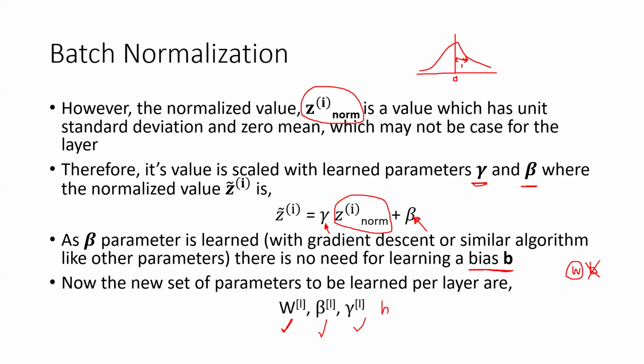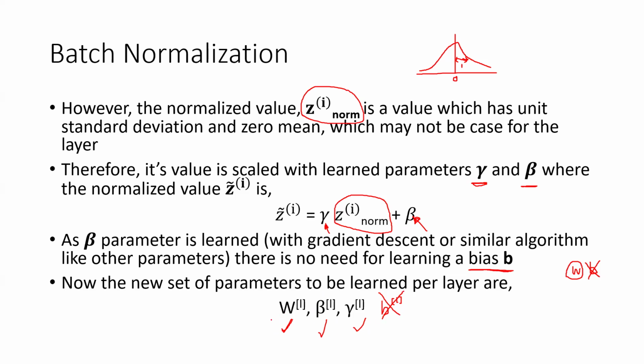We don't have to learn the B values for the Lth layer, because the same information is learned by this beta constant value, which is independently calculated and is not a multiplication of Zi. I am not going into the mathematics. Just remember this beta is also learning the same information related to bias, so you don't have to learn the bias in each of these layers.